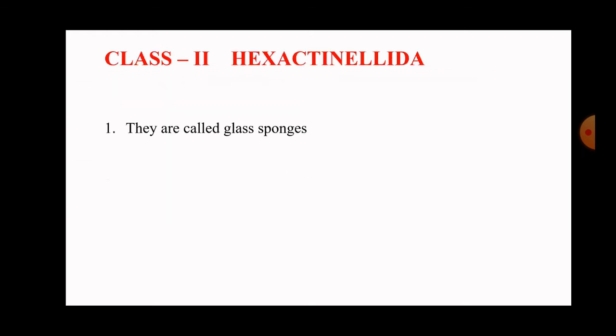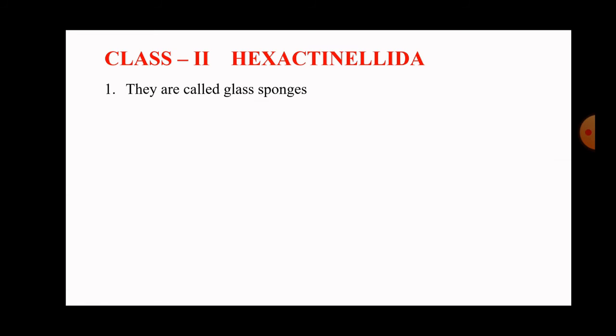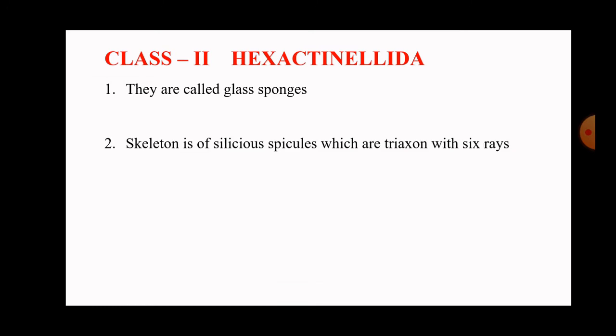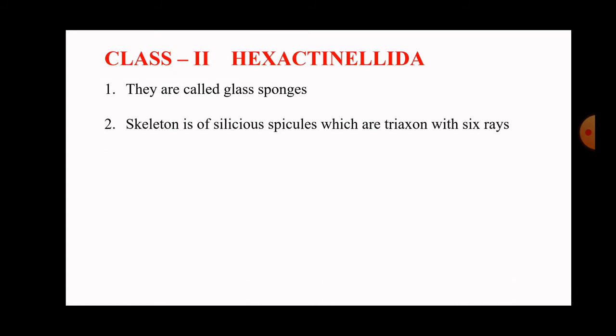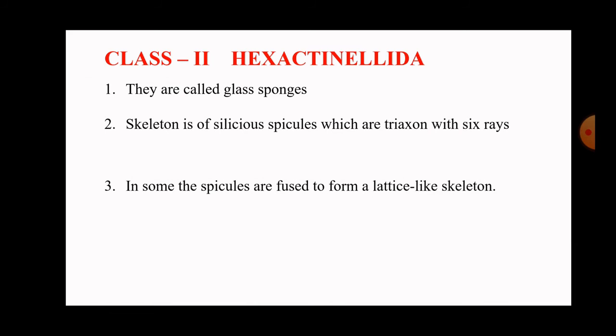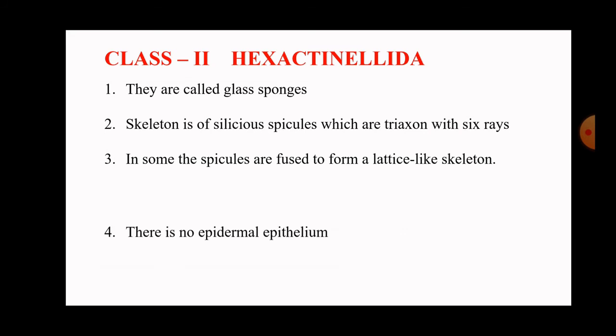Class 2 Hexactinellida. These are called glass sponges. Their body has some kind of transparency, and the skeleton is made up of siliceous spicules. These spicules may be triaxon spicules with 6 rays in the structure. And in some of these animals the spicules are fused to form a lattice-like skeleton.